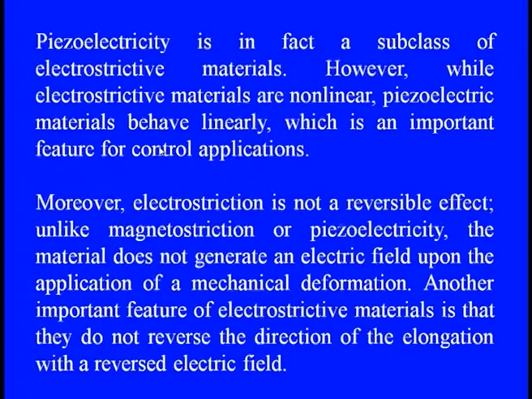So, the material does not undergo deformation in reverse when the electric field is applied, which is a kind of restriction of this material. Also, these electrostrictive materials do not reverse the direction of the elongation when we reverse the electric field.